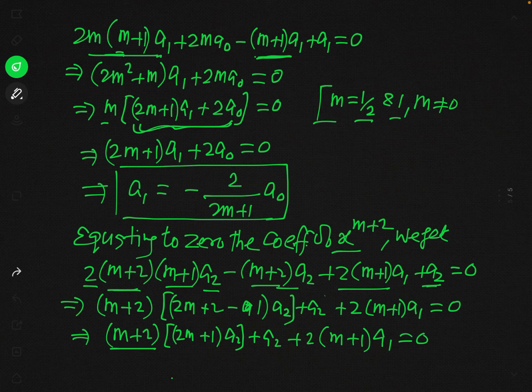So when we multiply this factor by m plus 2, and then take a2 as a common factor, what will be our result?